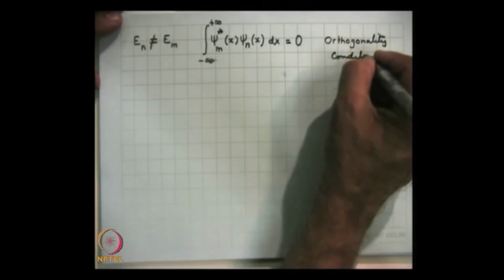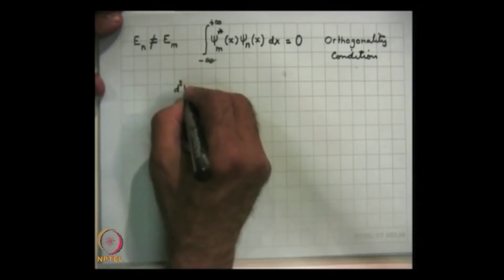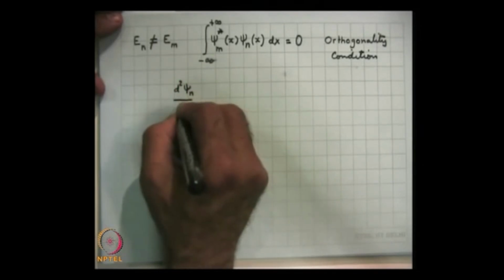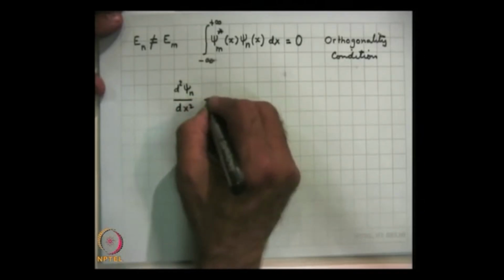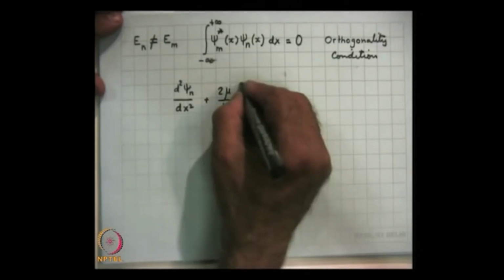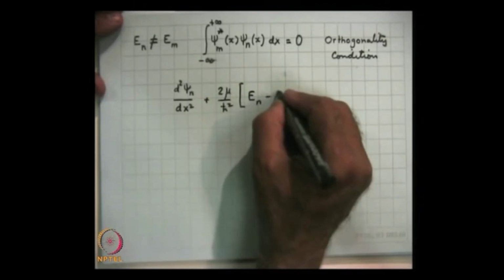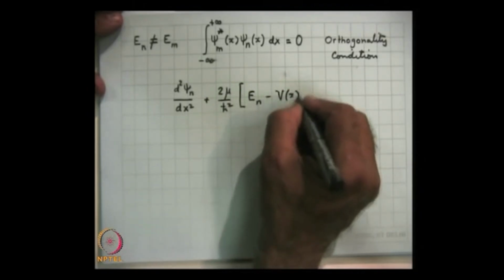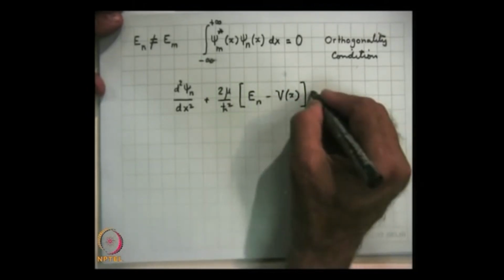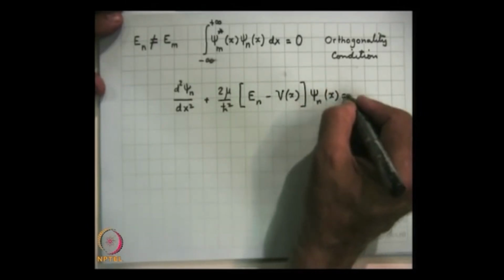Now, the proof is very simple. We write the Schrodinger equation for the nth state: d2 psi n by dx square plus 2 mu by h cross square, mu is the mass of the particle, times E n minus v of x, psi n of x is equal to 0.